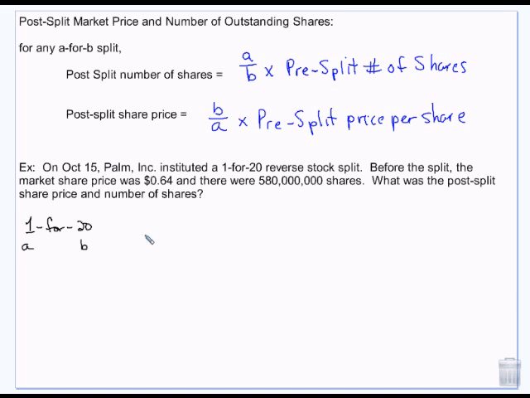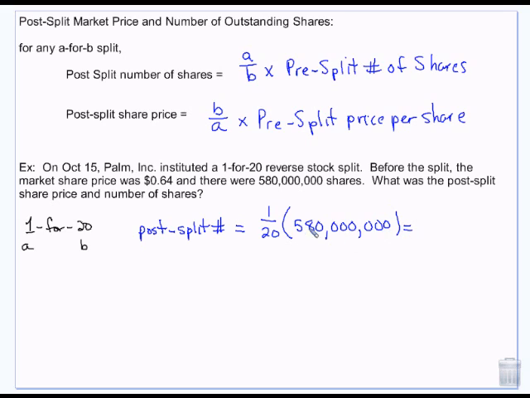Okay. So my market price is 64 cents, and my shares are 580 million. So my post-split number, I'm going to do A over B times 580 million.